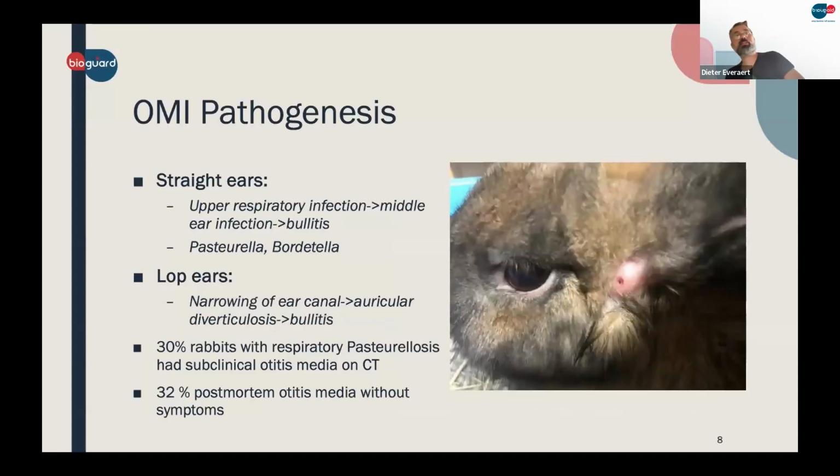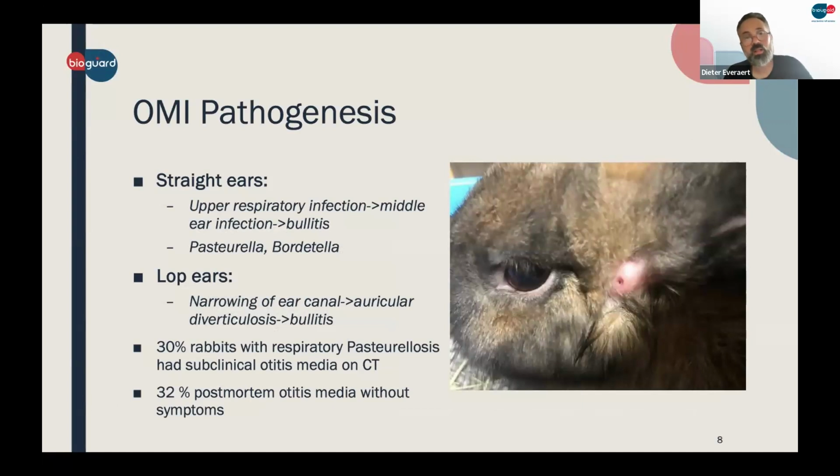As said, in straight ears, mostly it's from an upper respiratory infection going to the middle ear, causing a bullitis. The two most common causes of bacteria are Pasteurella multocida and Bordetella bronchiseptica.